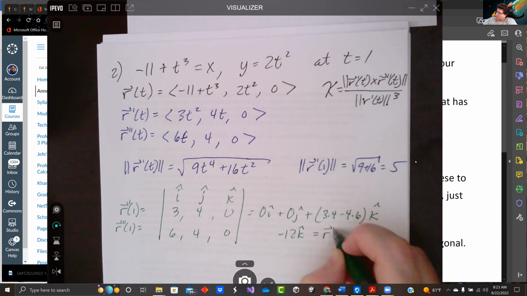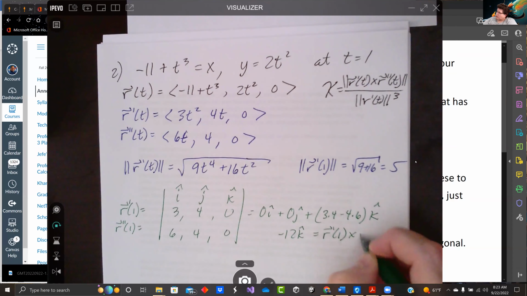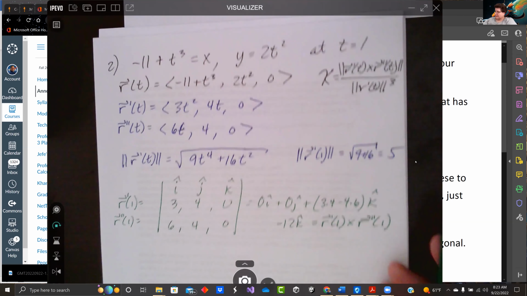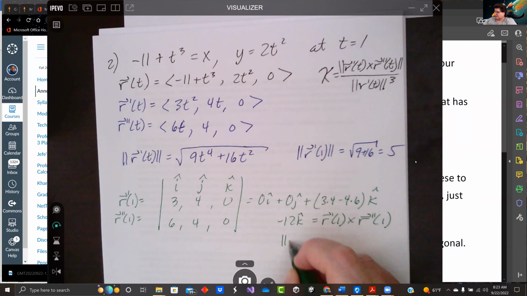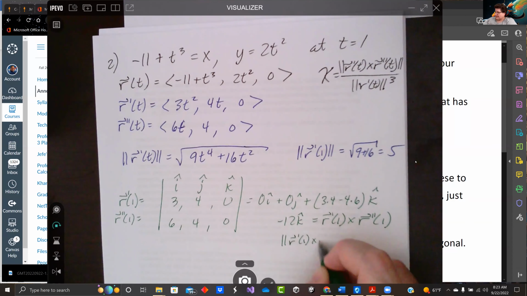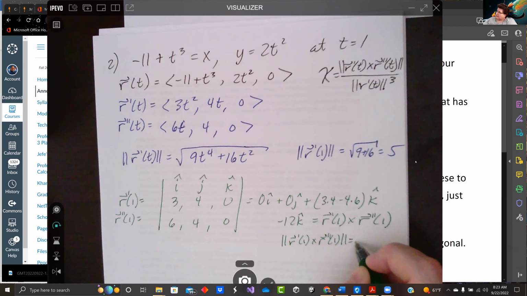That's r prime of 1 cross r double prime of 1, which means the magnitude of that is square root of negative 12 squared, which is just 12.